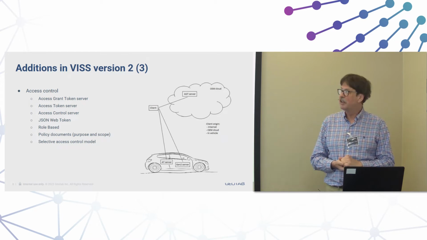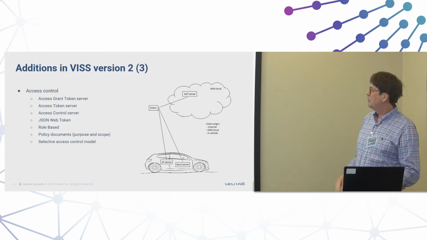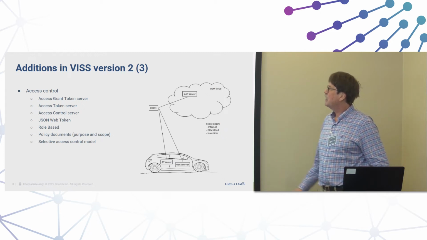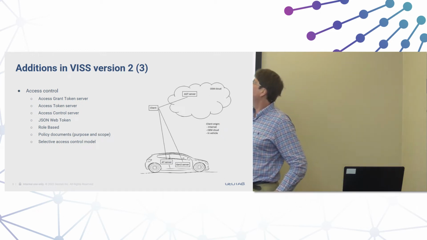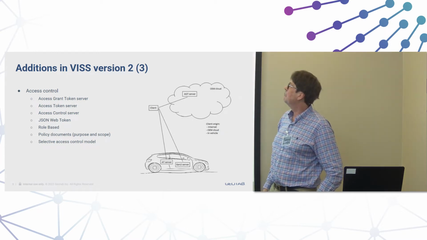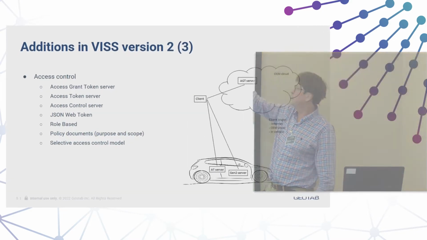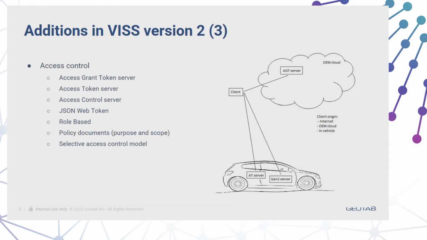And it contains two different authorization servers. One that typically would reside in the cloud, the access grant token server, which the client must first contact, and this is where the authentication step of the client is handled.